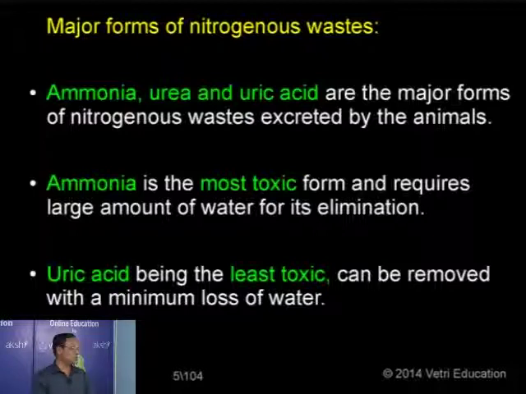So once ammonia is produced, it is dissolved in the aquatic medium to form ammonium salts, making it less toxic. So ammonia is the most toxic form and requires a large amount of water for its elimination. That is why it is released by aquatic animals.